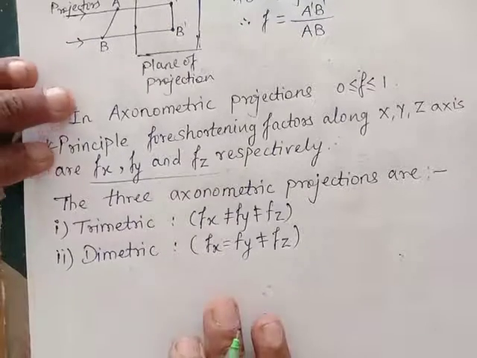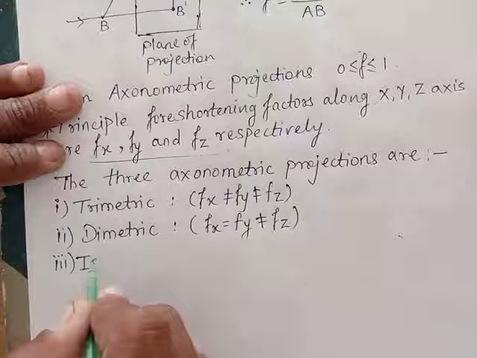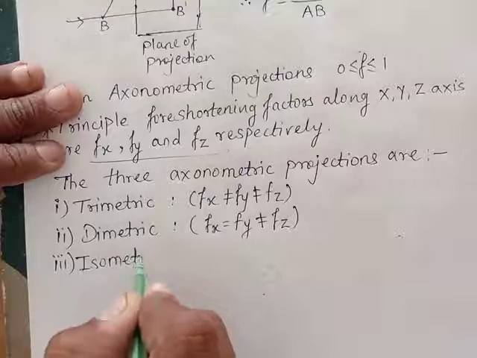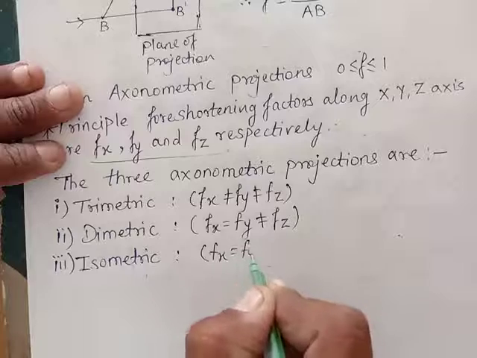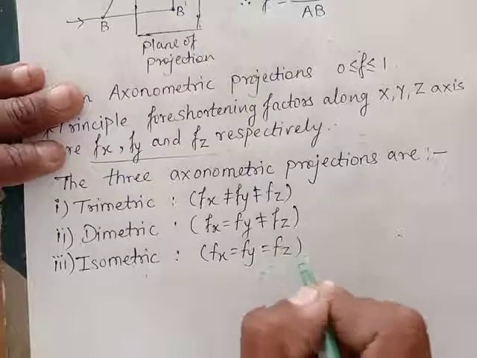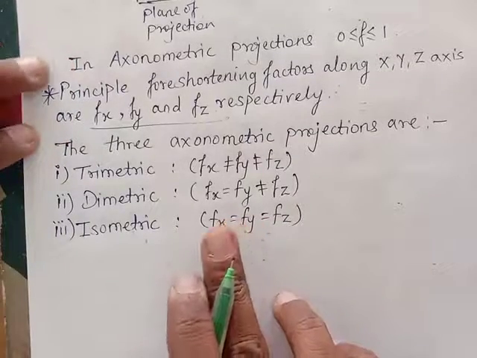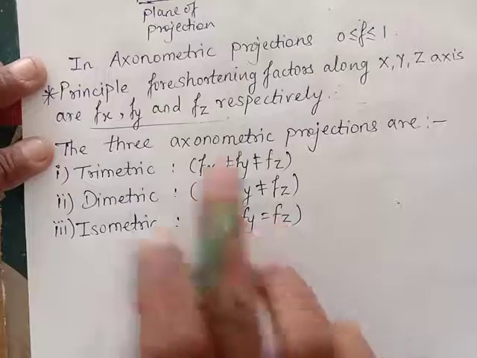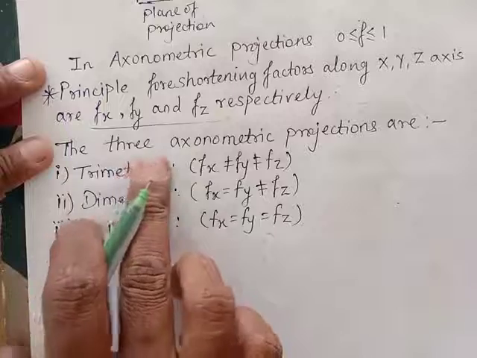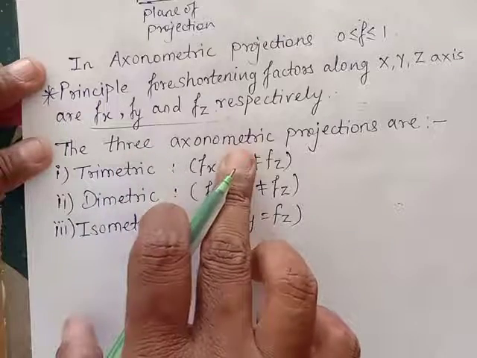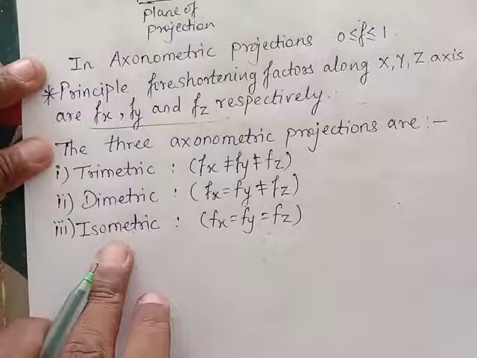Third, isometric: Fx equal to Fy equal to Fz. So according to the values of these principal foreshortening factors along the XYZ axes, the 3 types are trimetric, diametric and isometric.